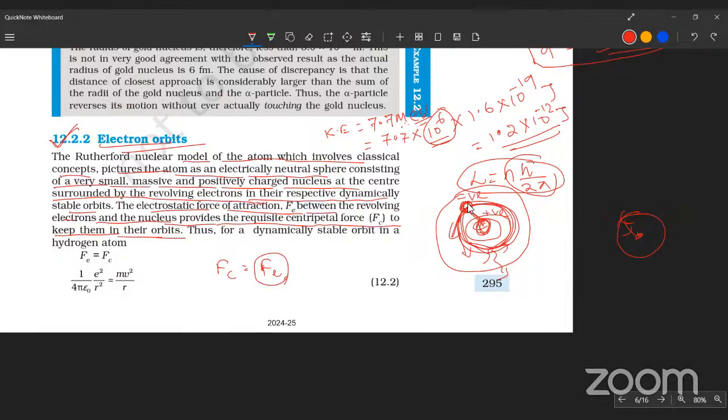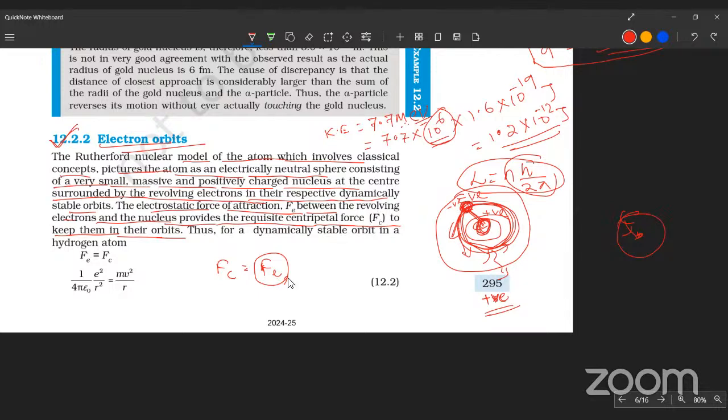Coulombic attraction means the attraction between this charge and the nucleus. The nucleus has protons, so it is positively charged, and the electron is negatively charged.